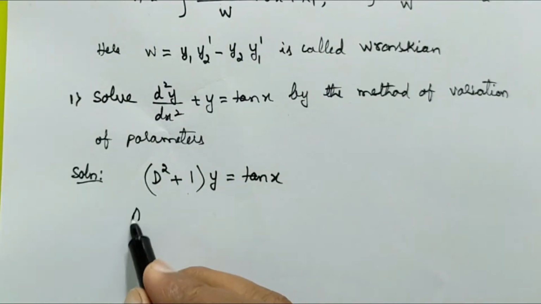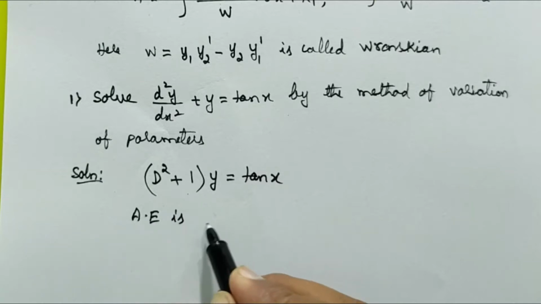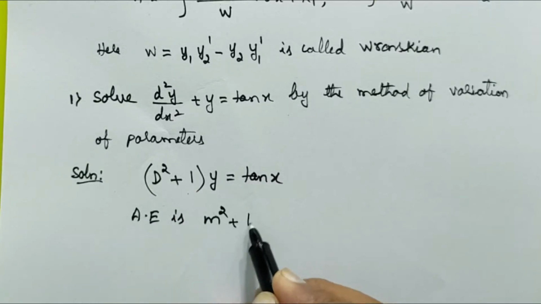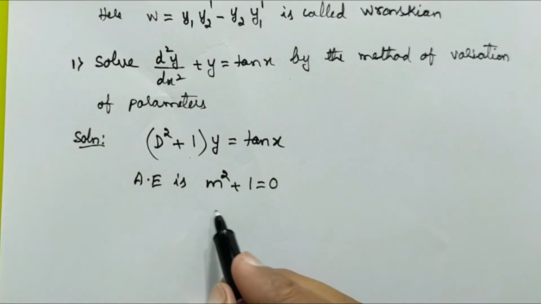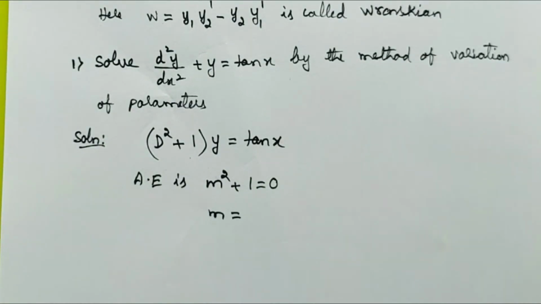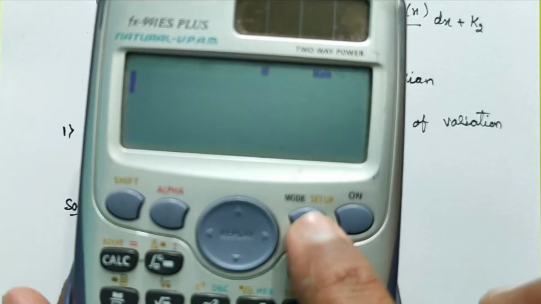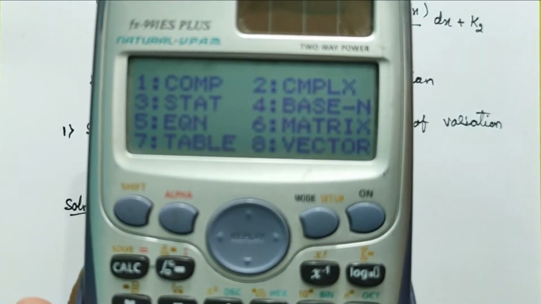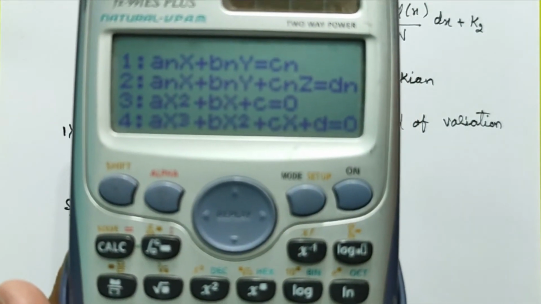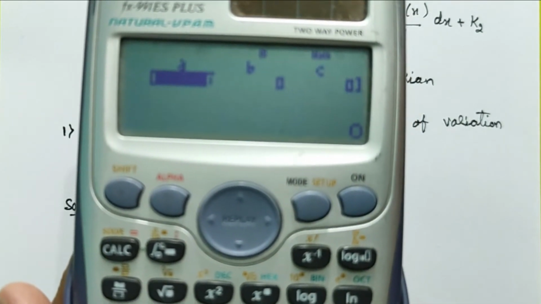The auxiliary equation over here is m square plus 1 is equal to 0. You can find the roots of this equation by using the calculator, or you can factorize it. Go for mode, choose equations. It's a second order equation, option number 3.